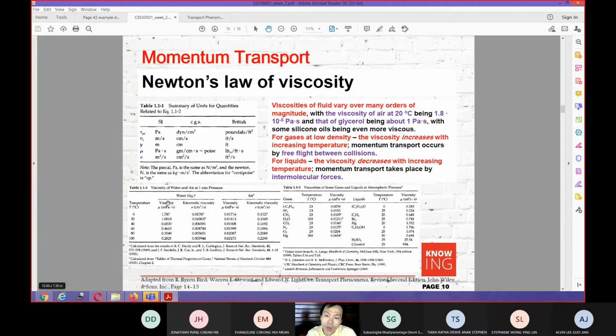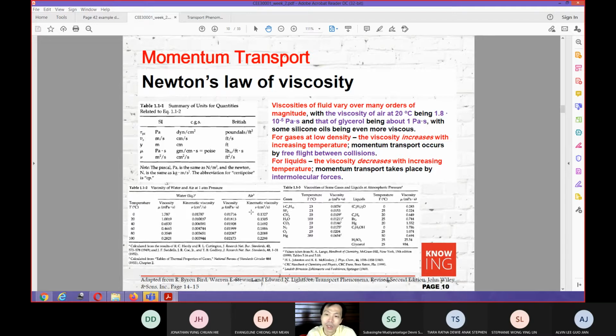It's very important that you have a feeling of the magnitudes of the different things. The liquid, for example, has a much higher viscosity than the air, about 2 or 3 orders of magnitude higher. Meaning that it resists the movement much more than the gas.